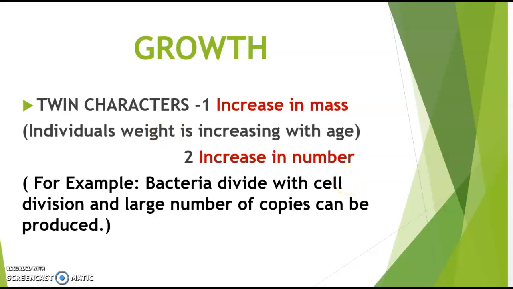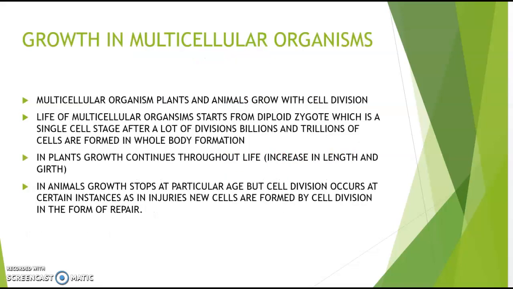Now next, how does growth occur in multicellular organisms? Multicellular organisms, whether they are plants or animals, grow with cell division. Now what type of cell division? Mostly mitotic cell division, because meiosis takes place at the time of gamete formation.